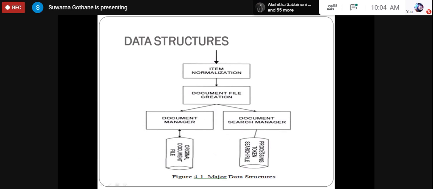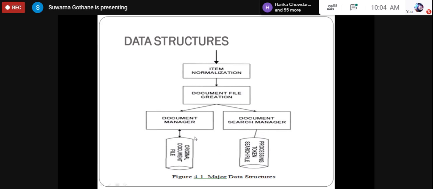Secondly, here we have a processing token search file. This is the second category of the data structure. Whatever query the user enters is noted, and that is called the processing token search file. The document search manager is available here to handle this task.